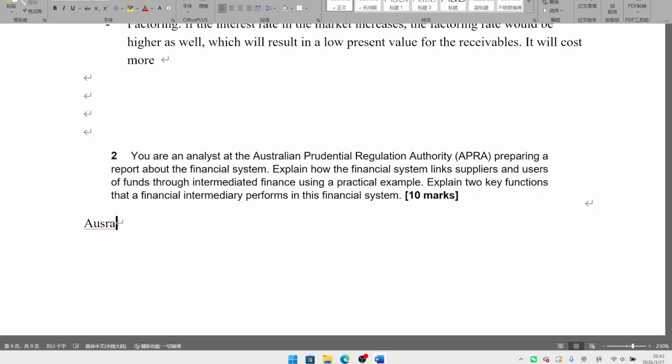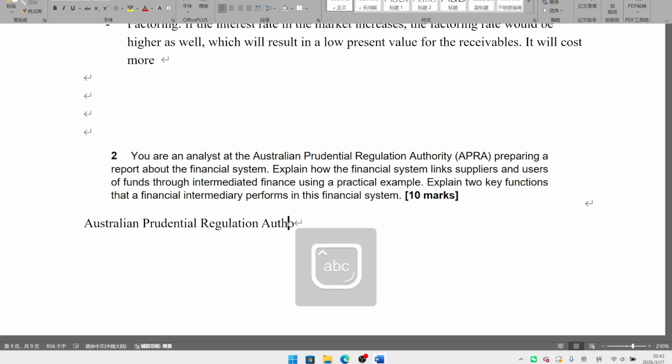You are an analyst at the Australian Prudential Regulation Authority, preparing a report about the finance system. Explain how the financial system links suppliers and users of funds through financial intermediaries, using a practical example.